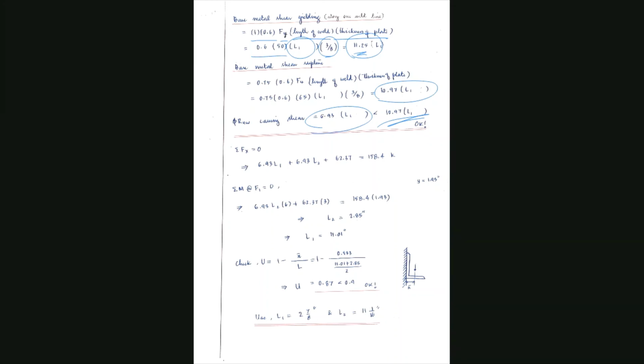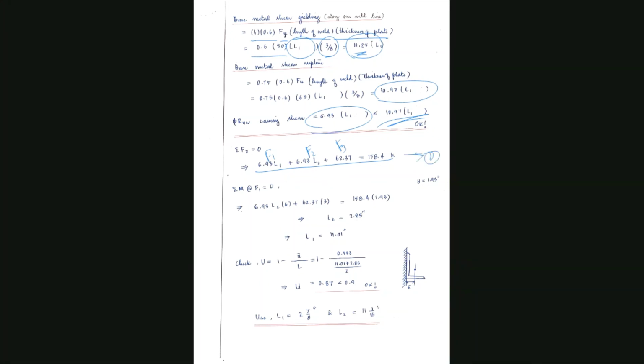Now we use the equations of equilibrium. The first equation is the force equation, sigma Fx equal to 0. You have the three forces. This is F1, this is F2, and this is F3. Equate them. You have one equation. This is equation number 1. And now we use the moment equations.